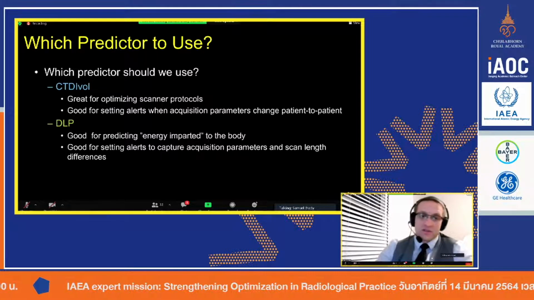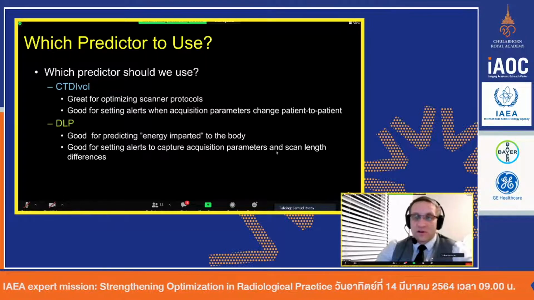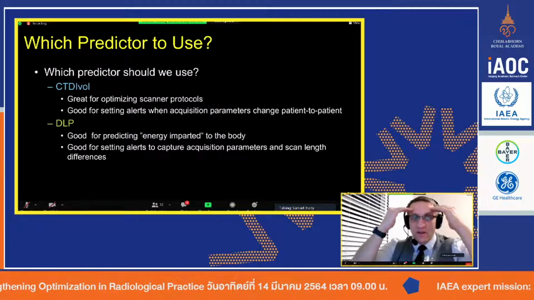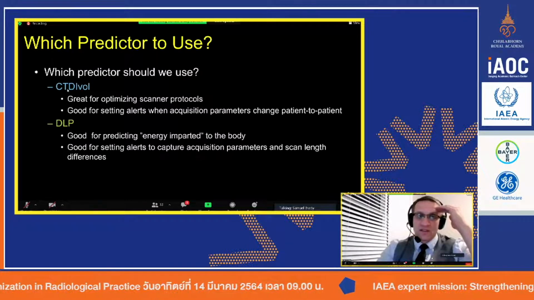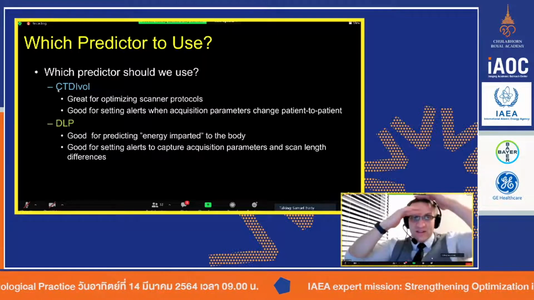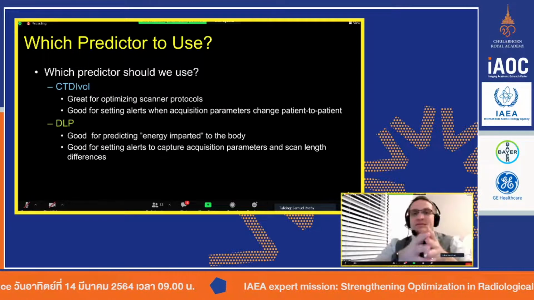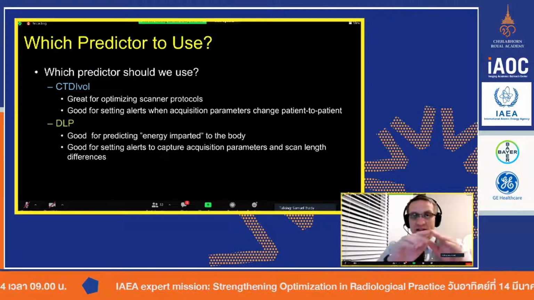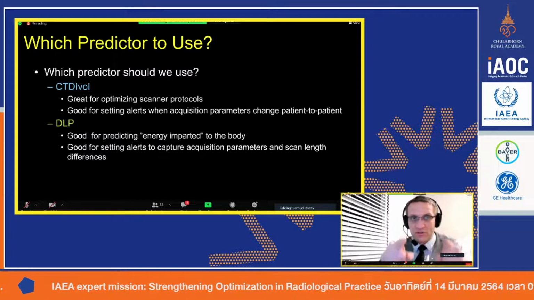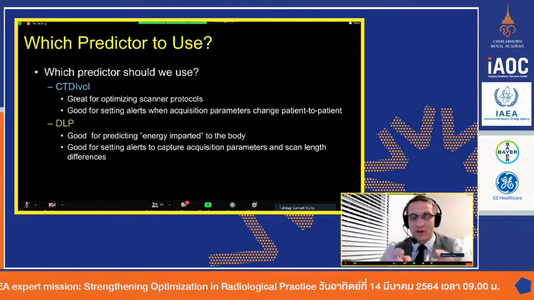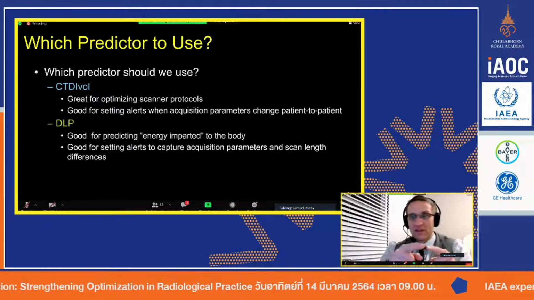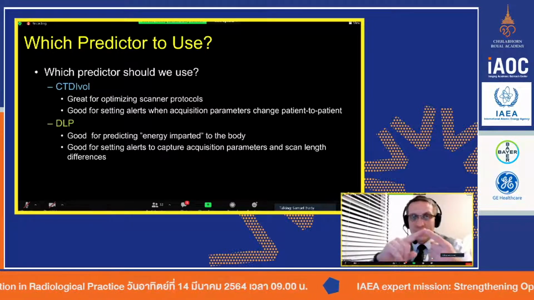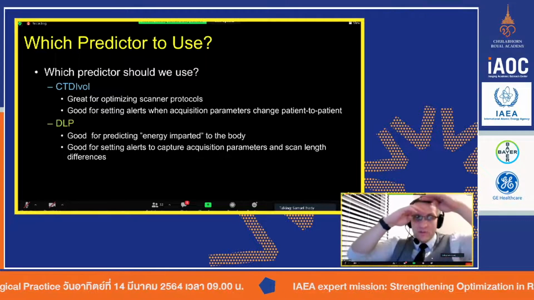And once again, it's also good for setting alerts to capture not only the overall output, MA and KV, which is what we use to calculate for CTDI, but it tells you the length. And so if you have one brain protocol and you're looking at it and you have a nice average distribution of dose length products, and one patient comes in and the value is so much higher than that, well, most likely the MA is fine and the KV is fine, but what's different?